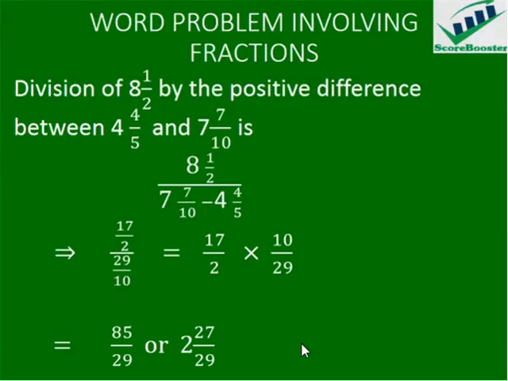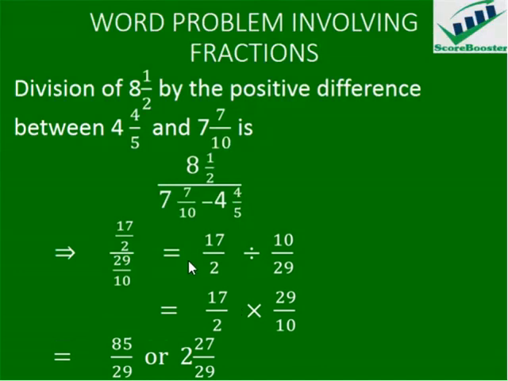So we have 17 over 2 divided by what? 29 over 10. So this is just rewriting this particular expression.